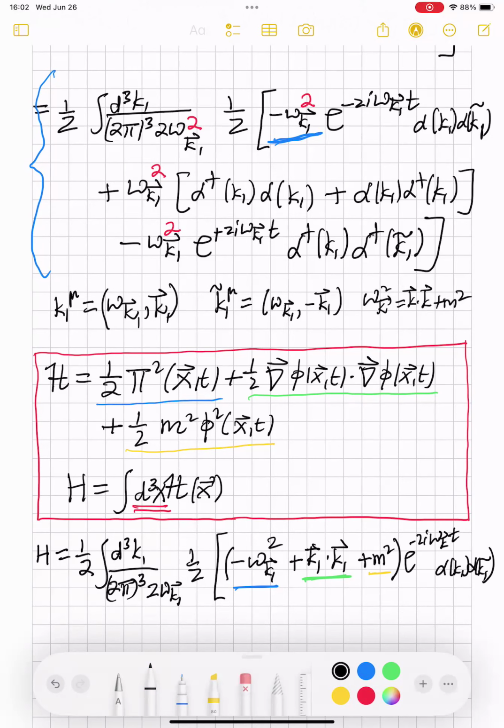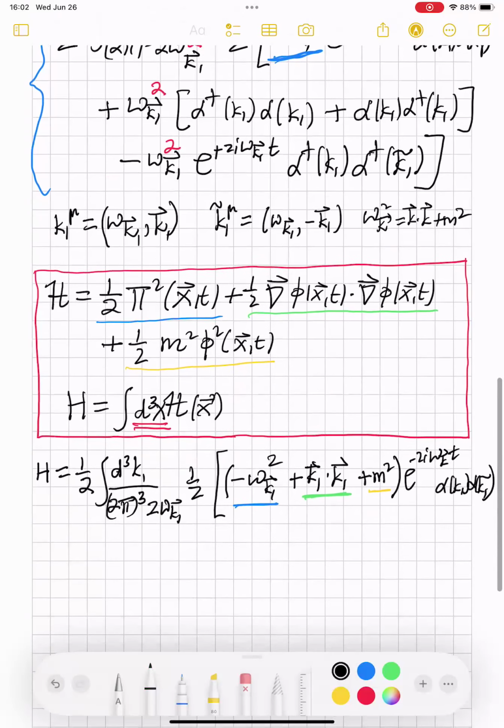Now let's go to the next term. Good. So we'll have plus. So we've got an omega K1 squared. And this comes from the pi dot pi. So this term that I've just written down here is that term sitting over there.